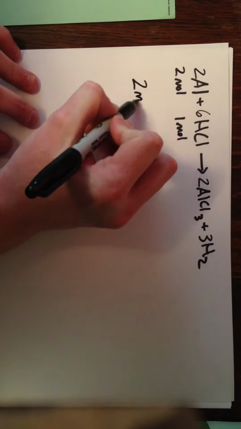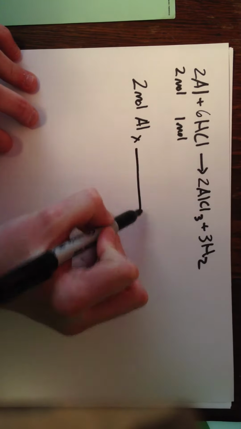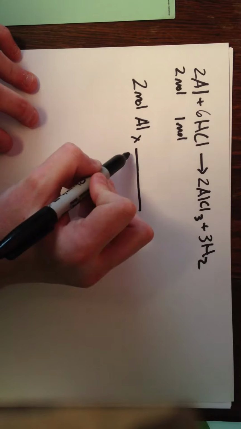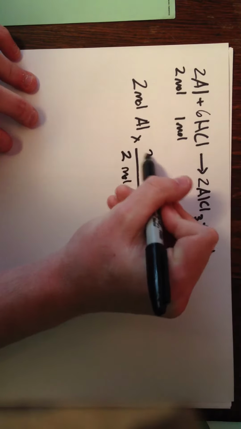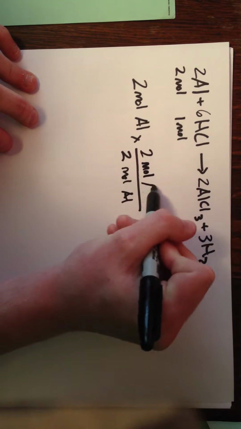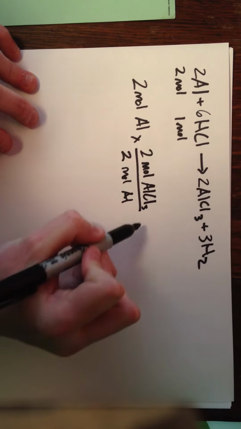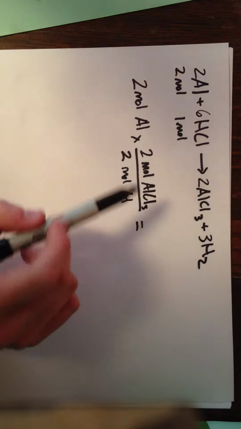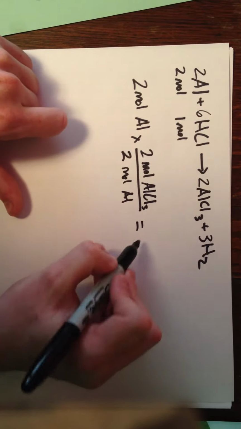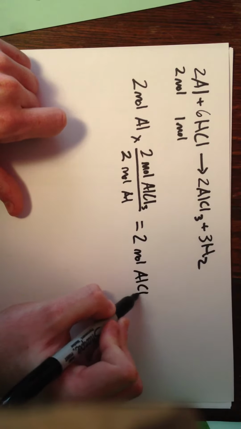So we have 2 moles of aluminum, and just like last time, we have 2 moles of aluminum down here from this part, and then 2 moles of aluminum chloride from this part. Pretty straightforward multiplication. 2 divided by 2 is 1. 2 times 1, so we would have 2 moles of aluminum chloride.